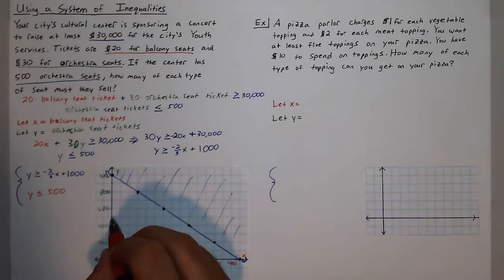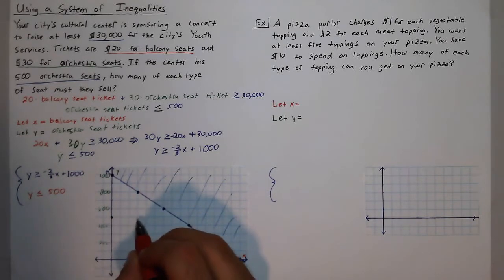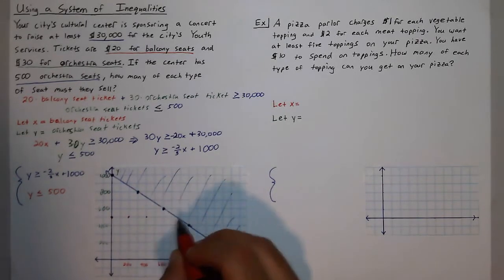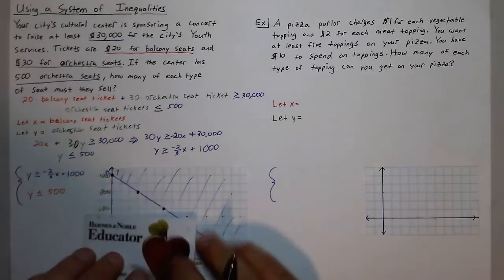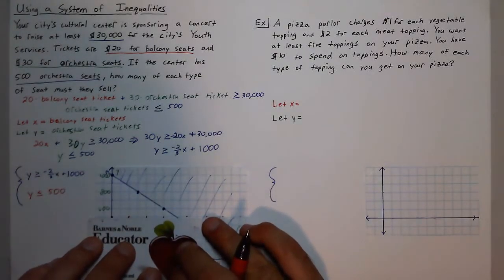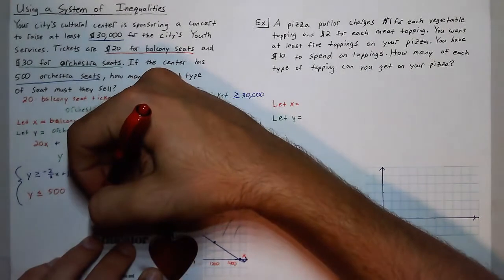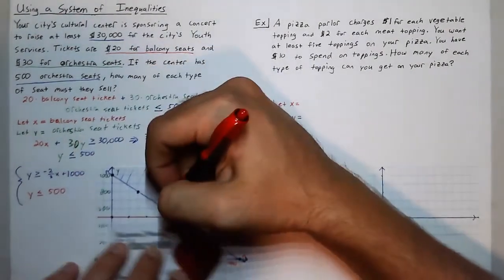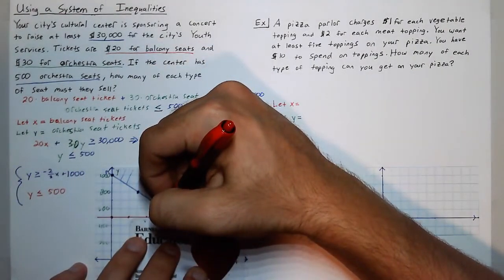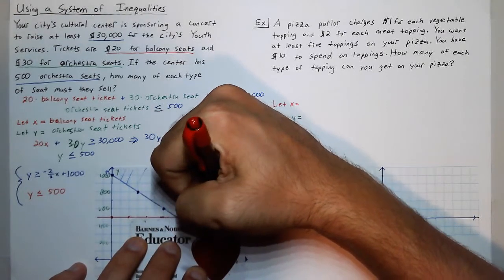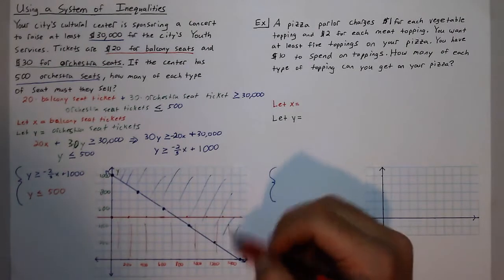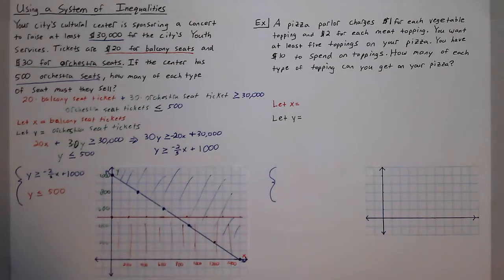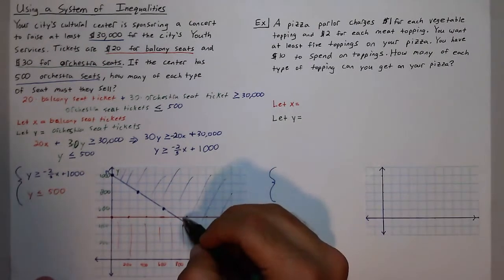So I have a horizontal line at 500. I put in a few dots to keep track of where to put my straight edge, and this will also be a solid line. But in this case, instead of shading above like the last one, since it's less than, I will be shading below this line. You'll see here that my solution region is on the bottom right over here.